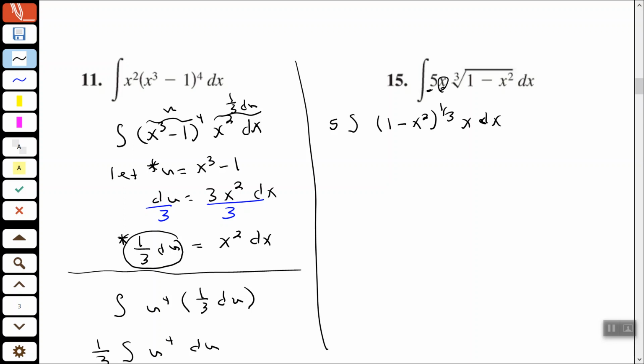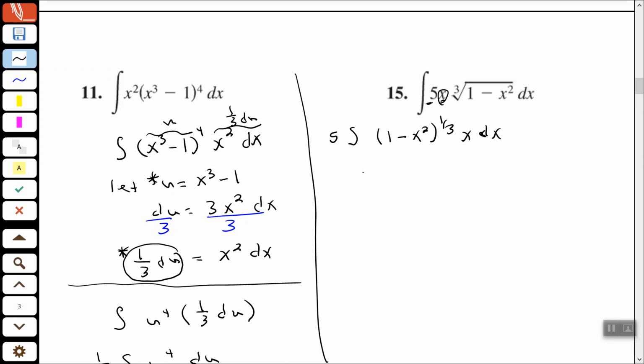Okay. Let's see here now. Let's let u equal 1 minus x squared. And this time we need our du to equal x dx, or some form of it. So right now du equals negative 2x dx, but we want it to equal 1 x dx.